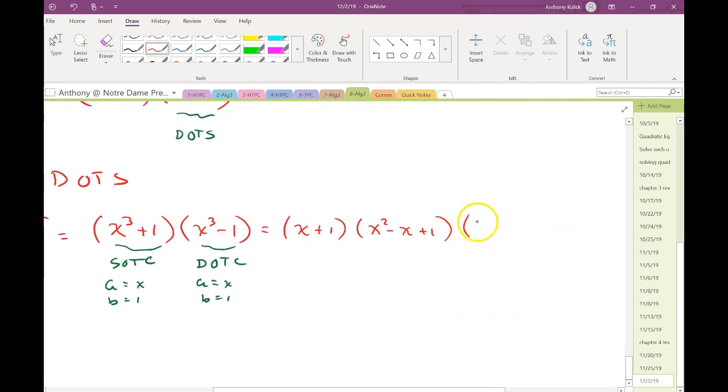And then for the next one, I have a minus b times a squared plus a times b plus b squared. Okay there?